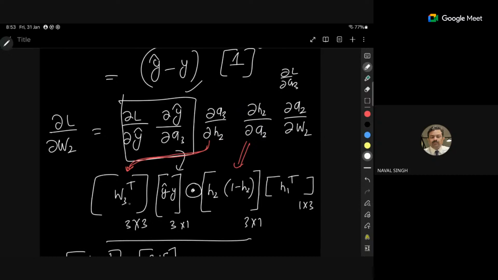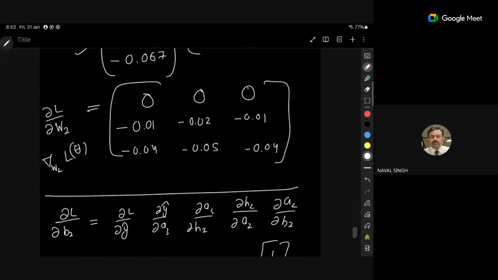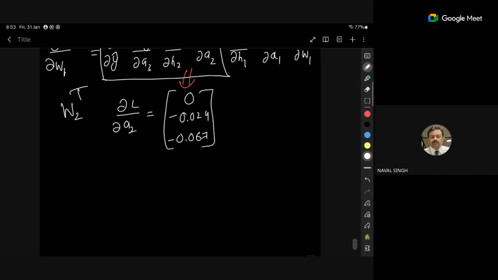So here we did W3 transpose. Now I'm going to W2 transpose. Then I'll do this part, and then I'll take X transpose, H0 transpose. Nothing is changing now. It's the same thing. We are going to do this repeatedly. So W2 transpose, times del L by del A2. Whatever matrix I'm getting here, I'll do matrix multiplication.